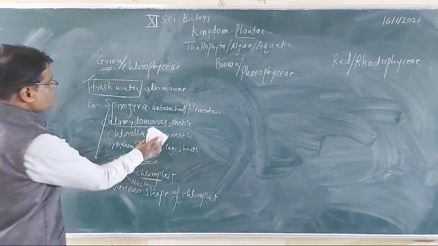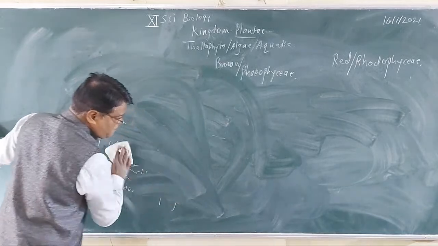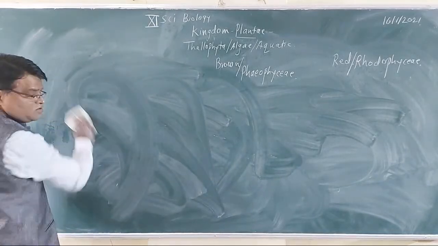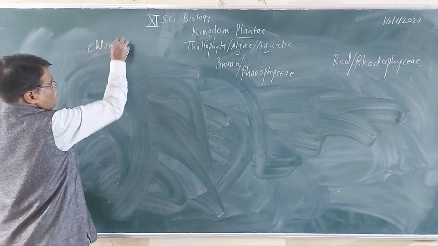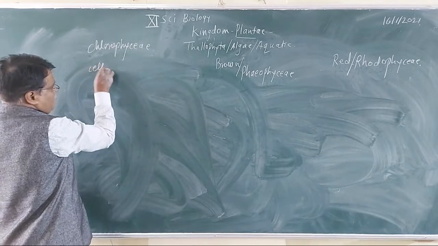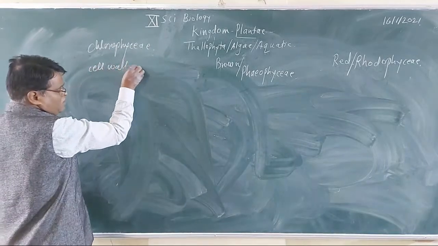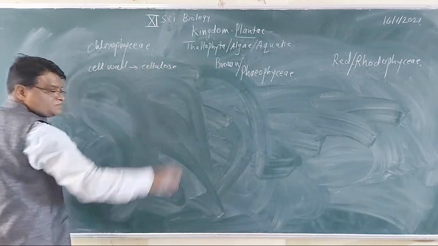Again, there are more characters. In the case of chlorophyceae, the cell wall is made up of cellulose.